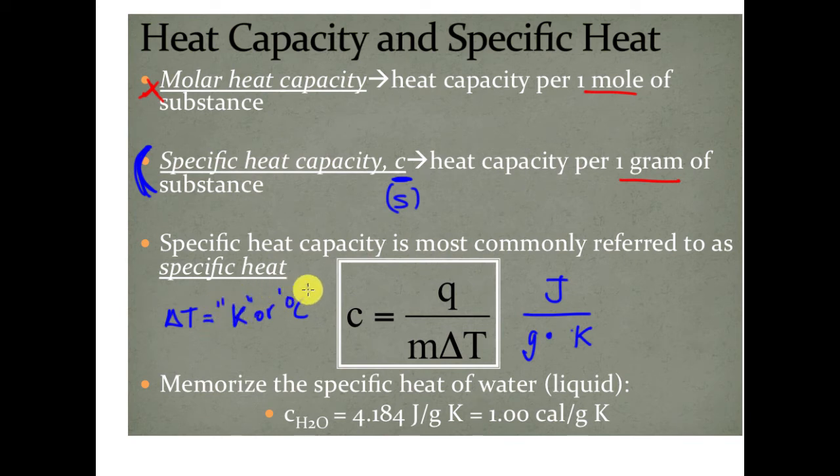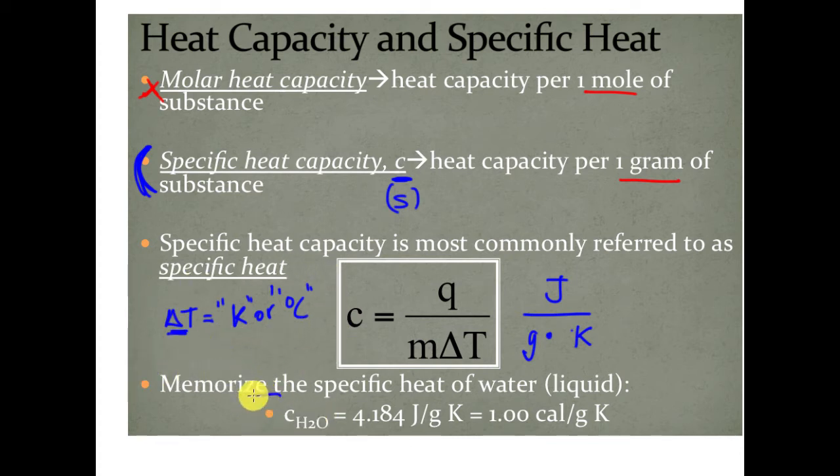These scales have a different starting point, but their changes are the same. So if you jump 1 degree on the Celsius scale, you go up 1 Kelvin. 10 degrees Celsius, 10 Kelvin. They move at the same rate, so therefore their change would be the same. You'll see that in some calculations a little bit later.